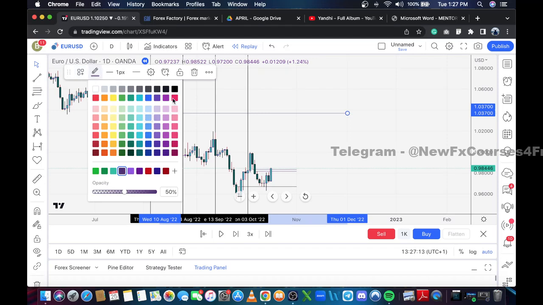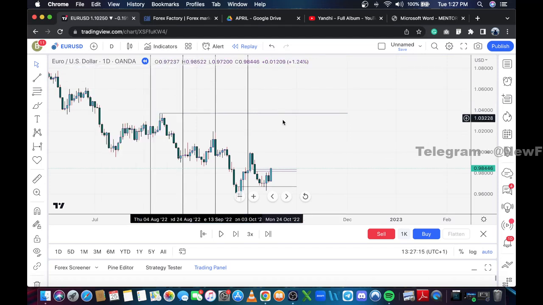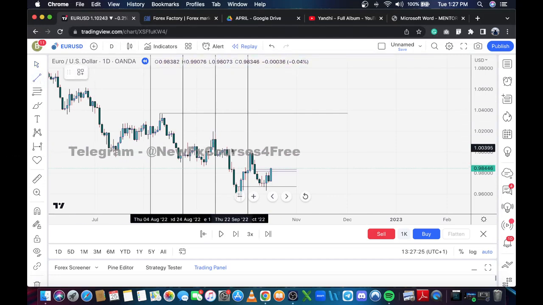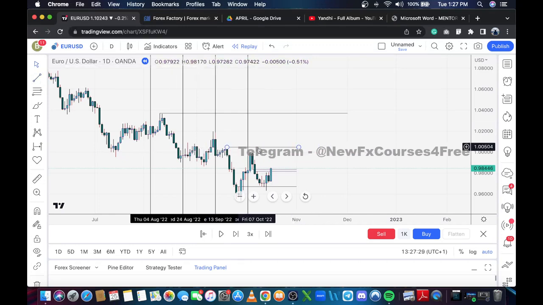Again, we're looking for data sets within a look back period: 60 days, 40 days, 20 days. So the nearest liquidity within the 20-day data set is this high here. So any bullishness short term or intermediate term, we're going to be targeting the liquidity up here.